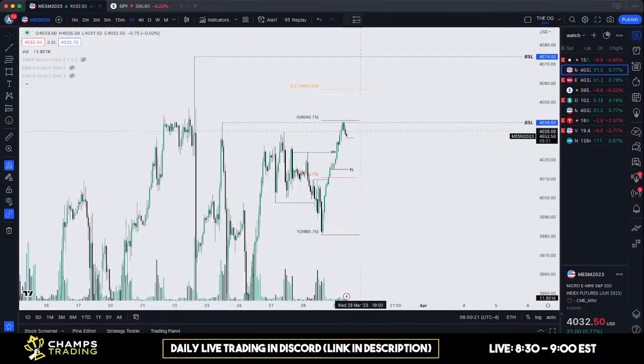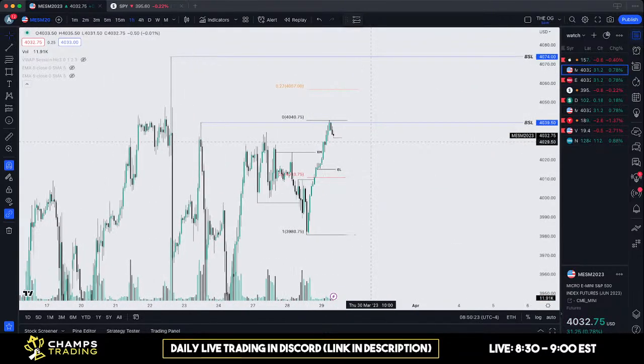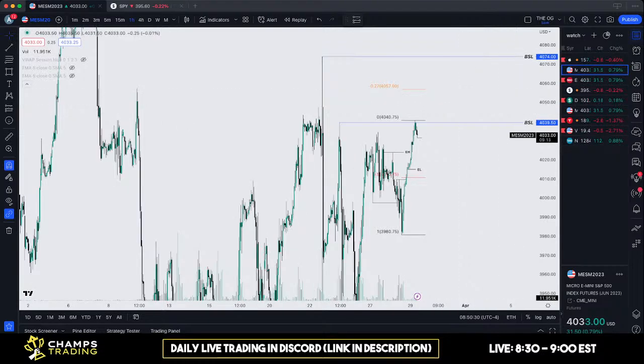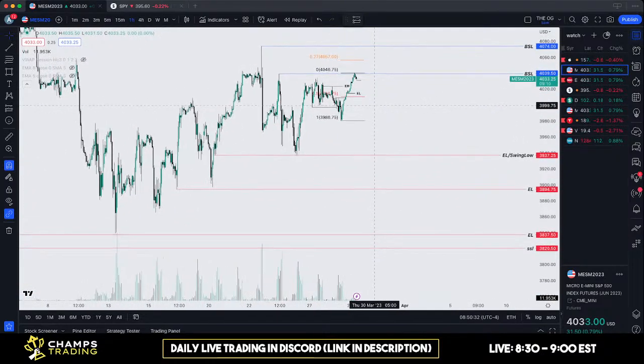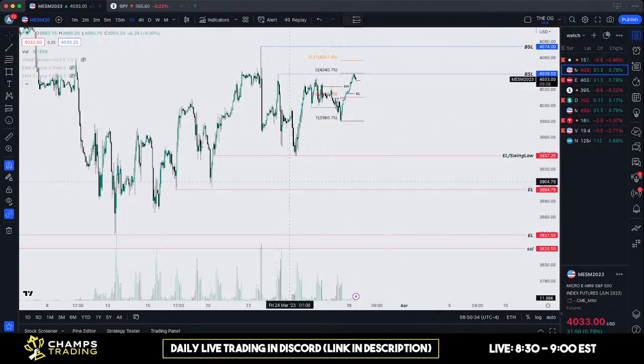The 1 hour and the 15-minute all look pretty strong, and we could even eventually tap into this 40.74 level up there as well if we really want to. Now, this could also be an area where we have a huge reversal for price.